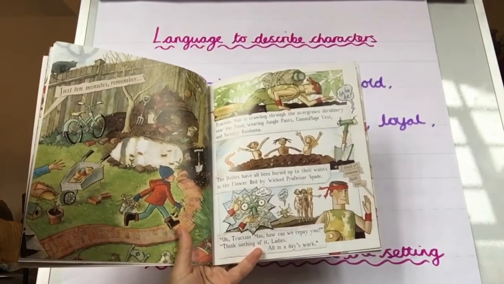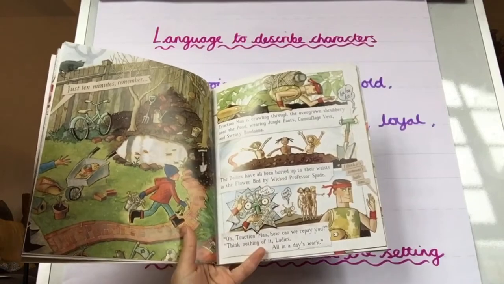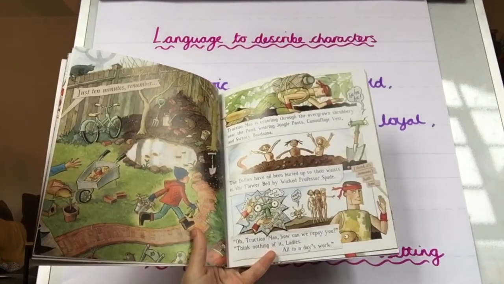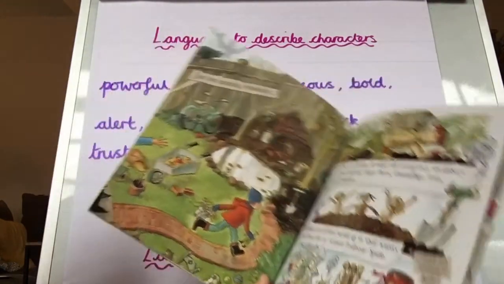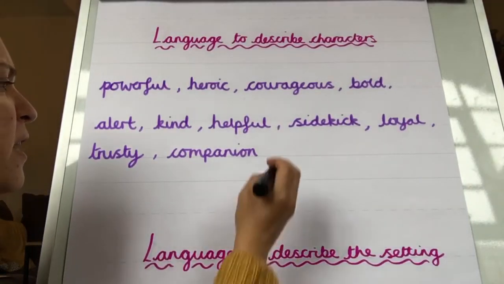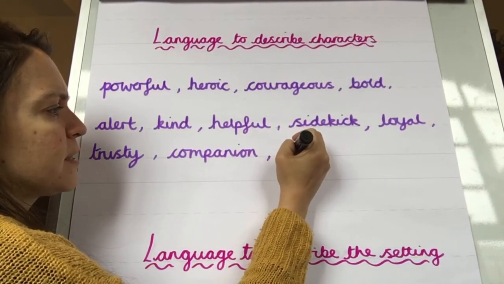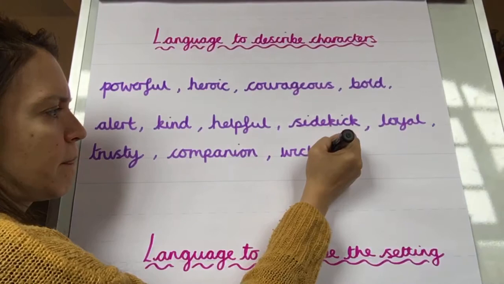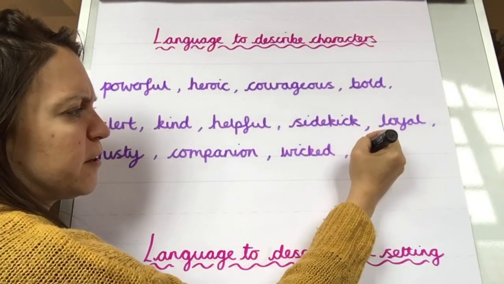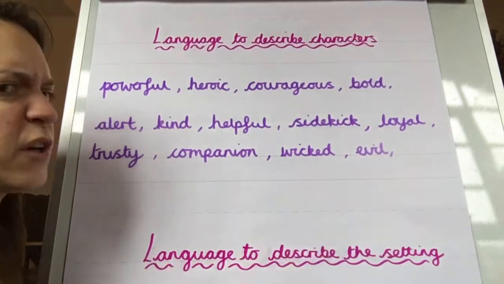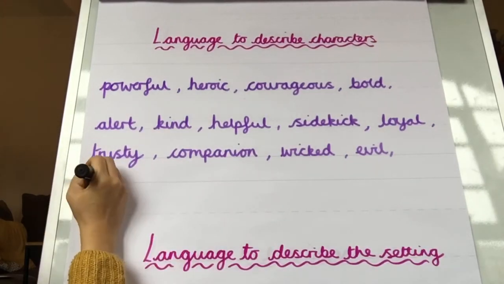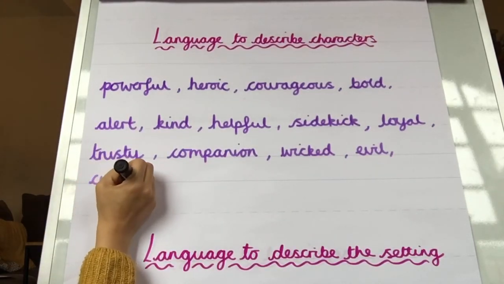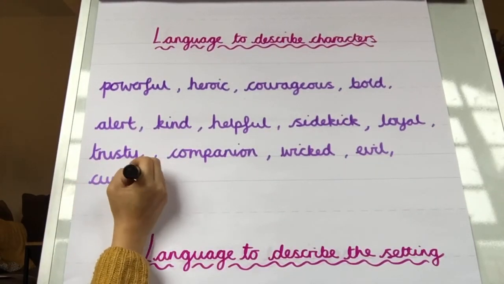What else? Now, in my narrative, I've already decided that I'm going to base it on this part of the story here, where Professor Spade is attacking the dolls. So I'm going to think of some adjectives to describe Professor Spade now. He is wicked, evil. We could say that he's cunning. That means he's quite nasty, but he's clever at the same time. Cunning.